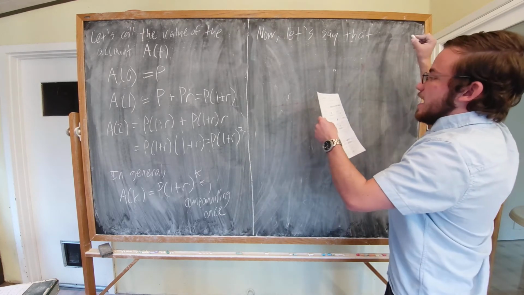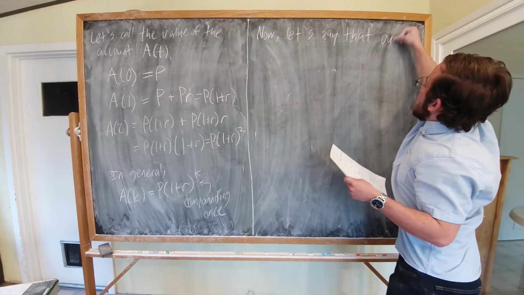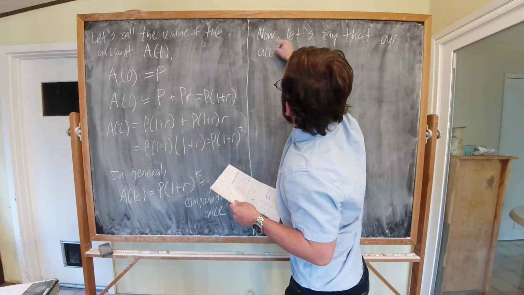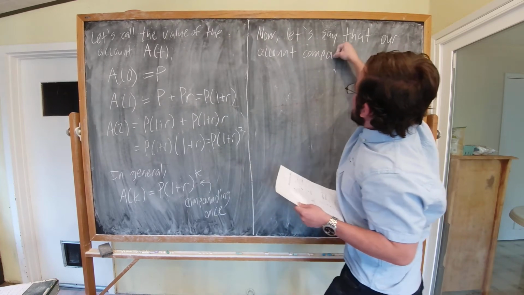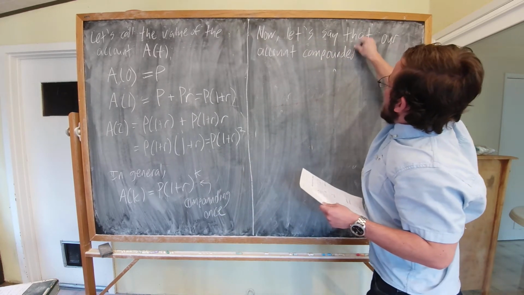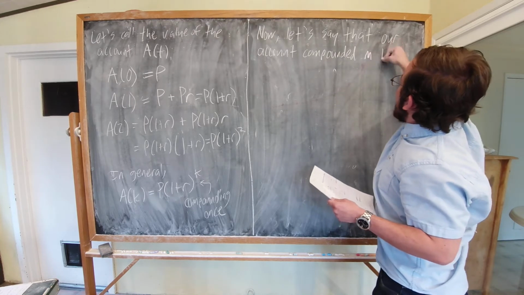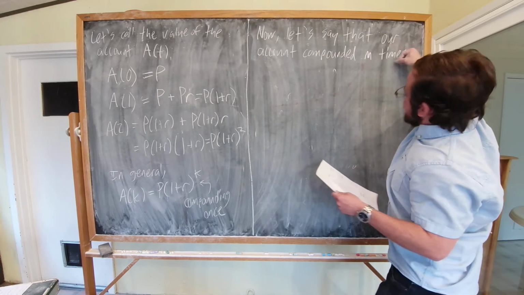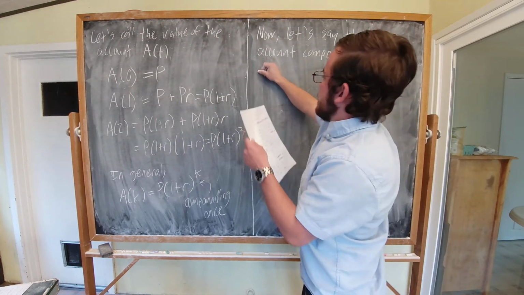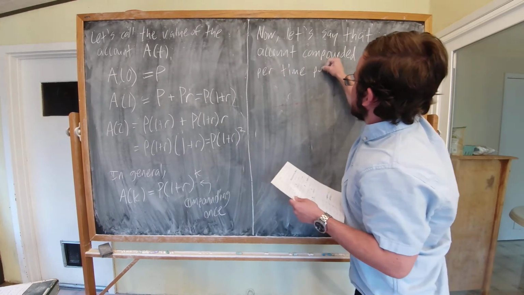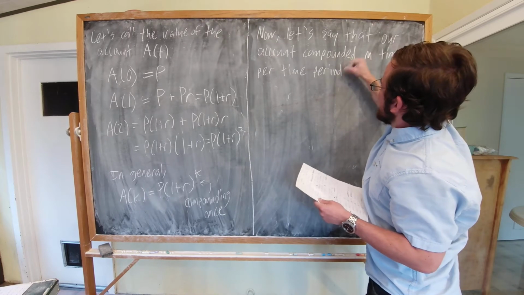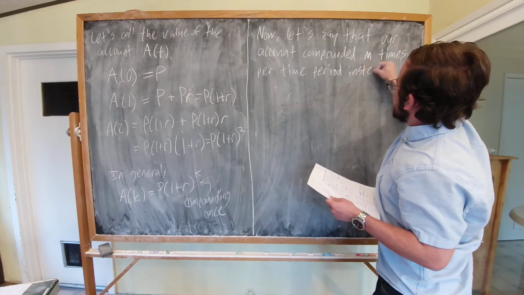So let's say that our account compounded m times per time period instead of just once.